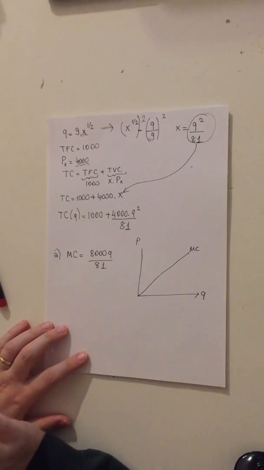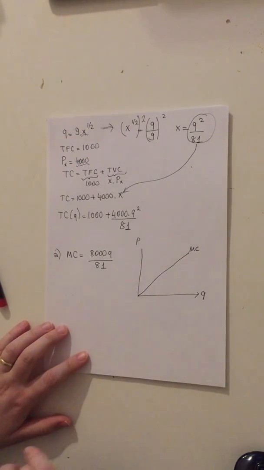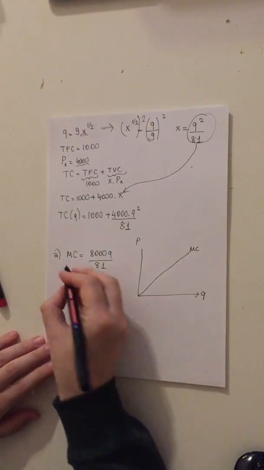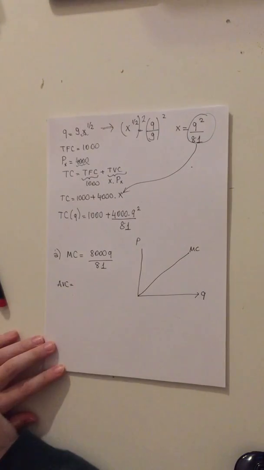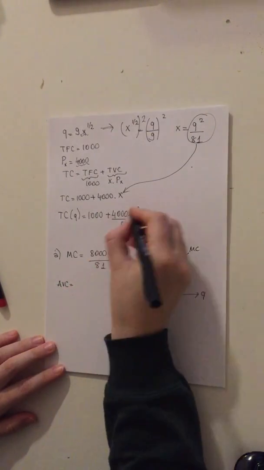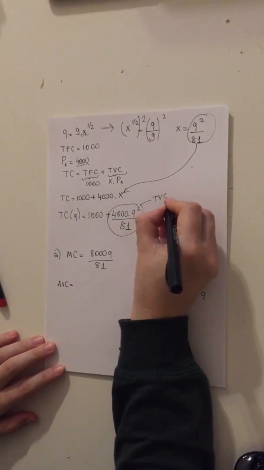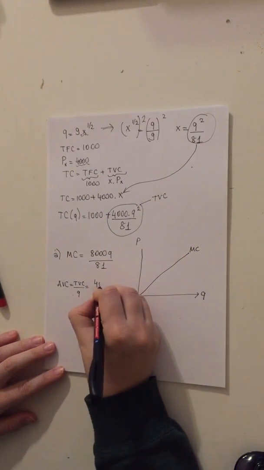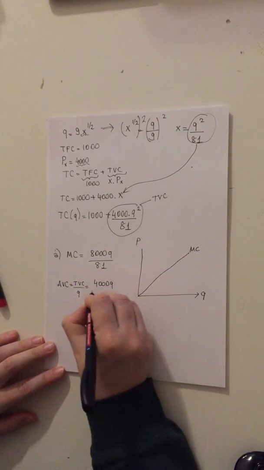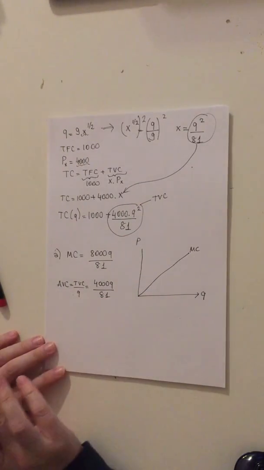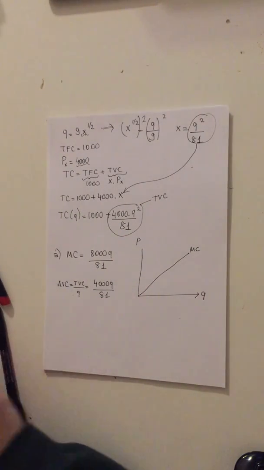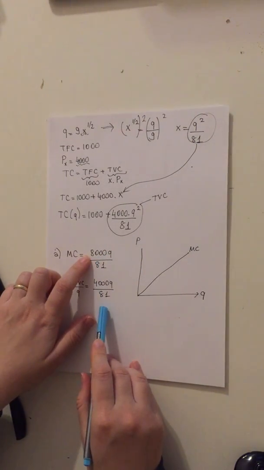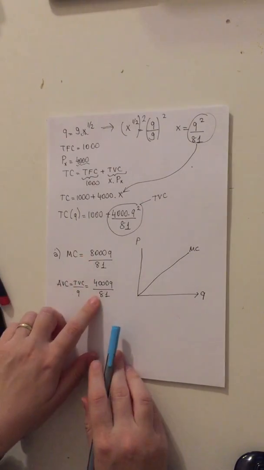And please remember, the supply curve is the marginal cost function, but not the entire marginal cost, just the part above the average variable cost. So we also need to know the average variable cost function, which is the total variable cost over Q, which is 4,000 Q over 81. It's again positively sloped and linear, just the slopes are different. The marginal cost has a greater slope, it's steeper, and this is flatter.